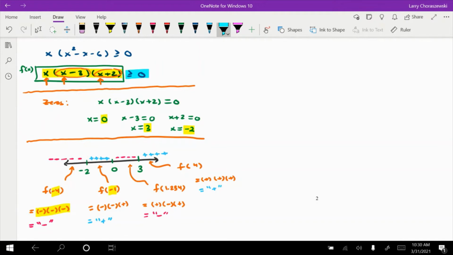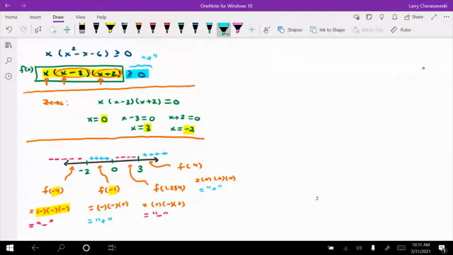So when we define f of x, we want f of x to be greater than or equal to 0. Now what kind of numbers are greater than or equal to 0? Well, that would be our positive numbers as well as the zeros themselves. So we're going to want the plus parts of the number line.